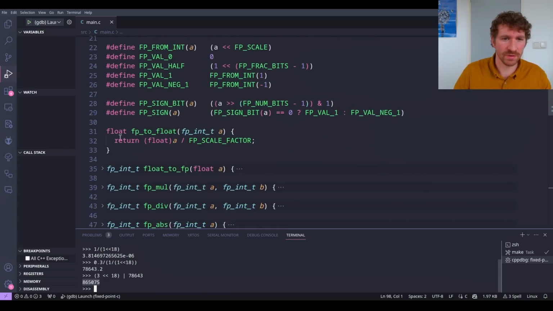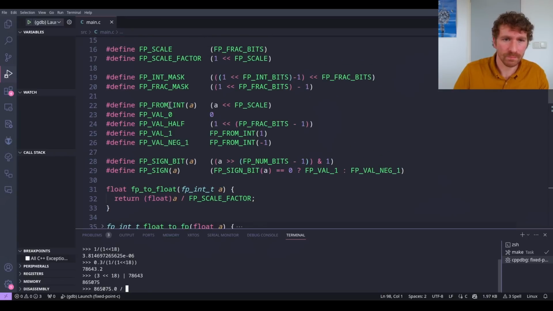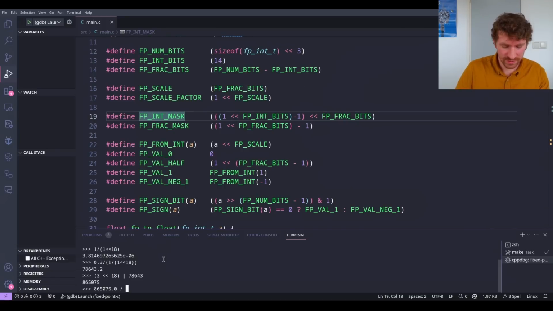And we can go through this FP to float operation, and we can see the reverse of that. So if I take this, make it a float by just giving it a 0.0, and then we just divide that down by our scale factor, which is 1 shifted up by our fractional bits. So 1 shifted up by 18.